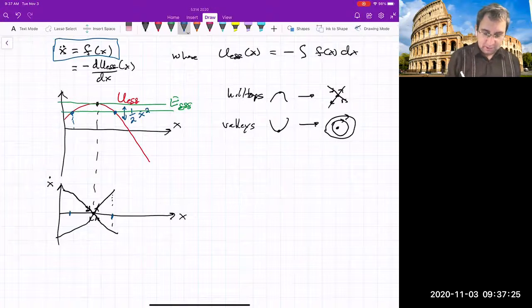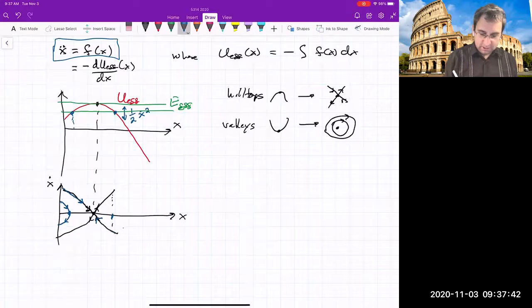So if this part up here is going to the left, then this has to be going to the left and reach a turning point. Turning point means 0 velocity. So you can just sketch. Over here, below, x dot is negative, so this is going to the left. So this would be what an example trajectory would look like.